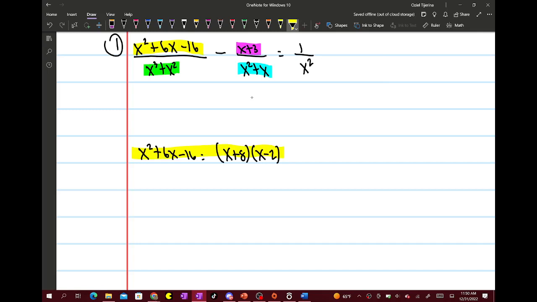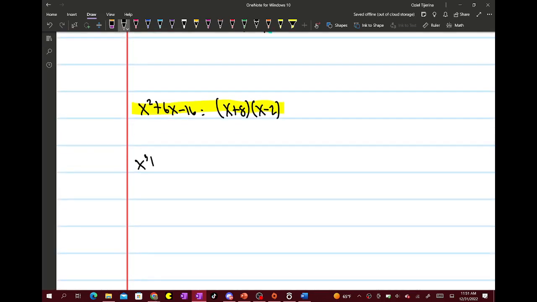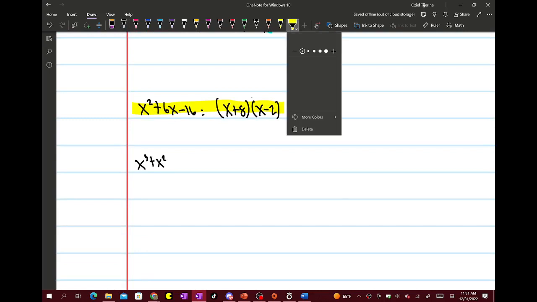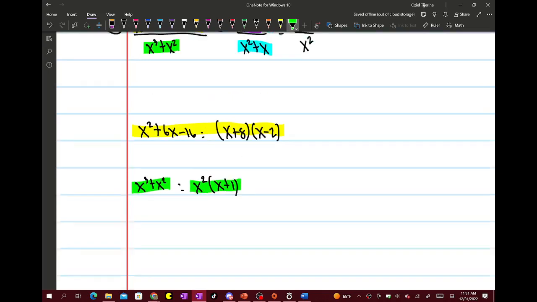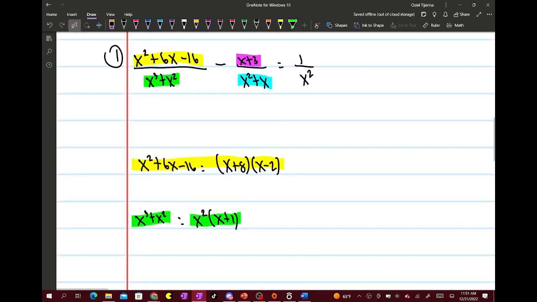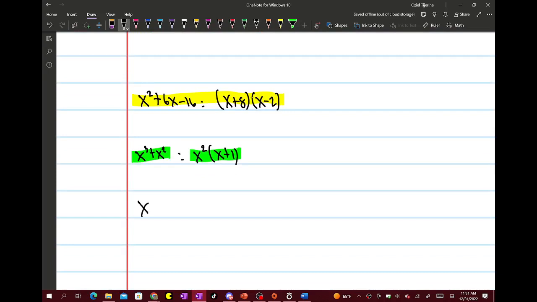And then x cubed plus x squared is pretty simple. You just have to factor out the x squared. So this will be x squared times x plus 1, right? And then the x plus 3 is already factored, so we don't have to do anything with that.